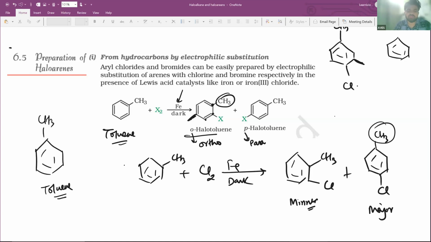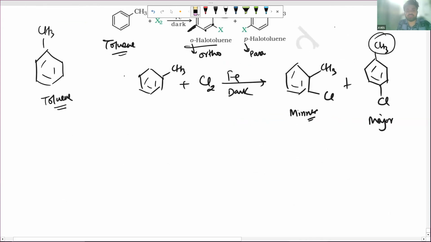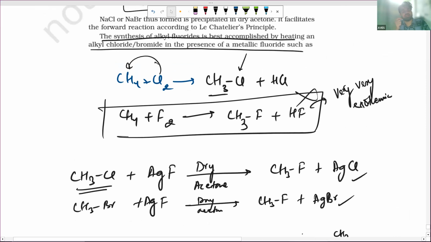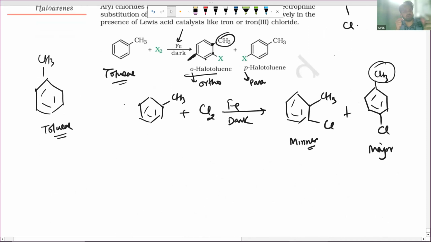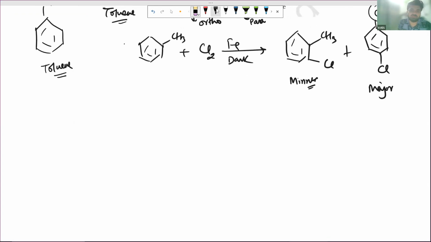I have explained that if you pass chlorine gas or fluorine gas to anything, like passing fluorine gas directly to methane, an alkane, it will be very exothermic. Similarly, if you pass fluorine gas to this toluene, it will also be exothermic. So we can't prepare fluoro compounds by this method.